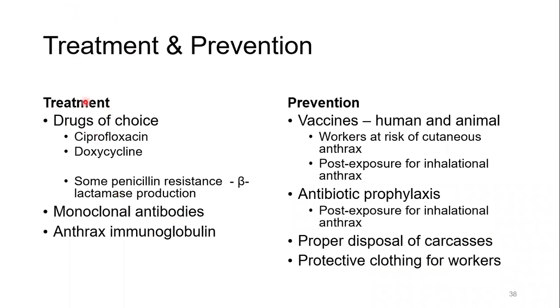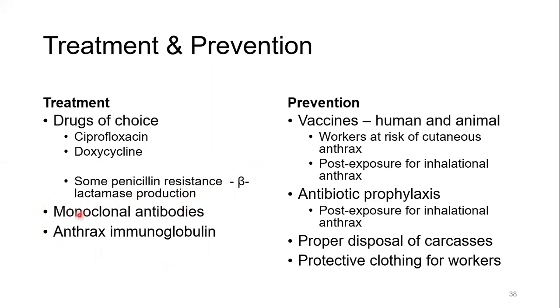Okay, so in terms of treatment, the drugs of choice are ciprofloxacin and doxycycline. Some strains of Bacillus anthracis have shown resistance to penicillin through production of the beta-lactamase enzyme, so we prefer that penicillin is not used.